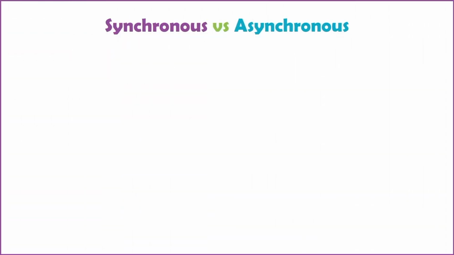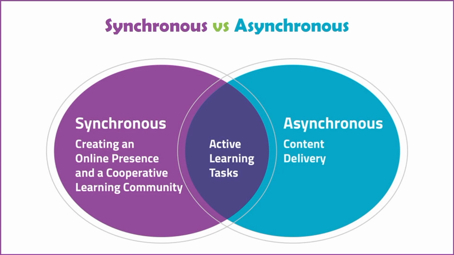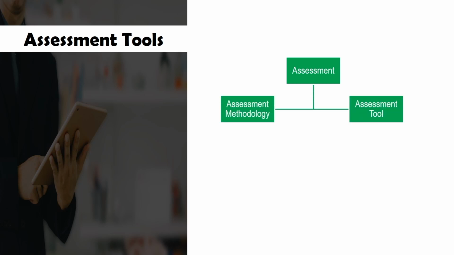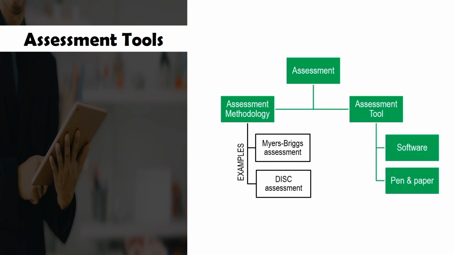So, as I told you, there are two kinds, asynchronous and synchronous. In synchronous, you are creating an online presence and a cooperative learning community, and in asynchronous, you have content delivery. In between, you have active learning tasks, which has lot of scope for implementing continuous assessment. Now the assessments, as I told you, have an assessment methodology, like whether you have a DISC based assessment or Myers-Briggs type of assessment.